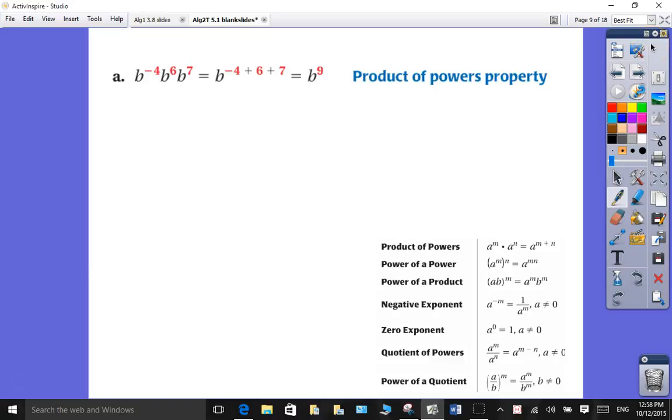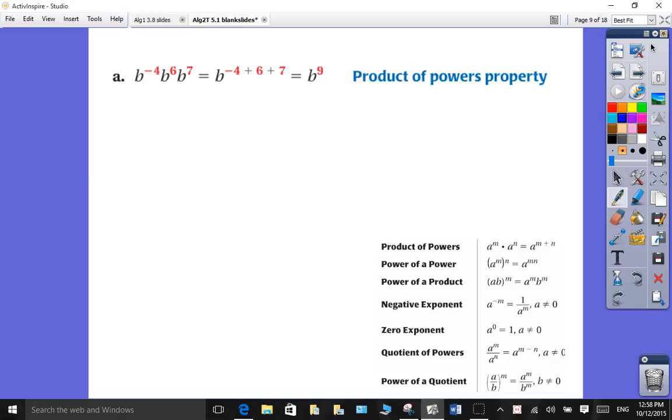So these now are examples where we're using variable expressions, not just numbers. Sometimes there's numbers, but not always, right? So now we've got 3 factors, b to the negative 4, b to the 6th, b to the 7th. Which property would we use? You can do more than 2.